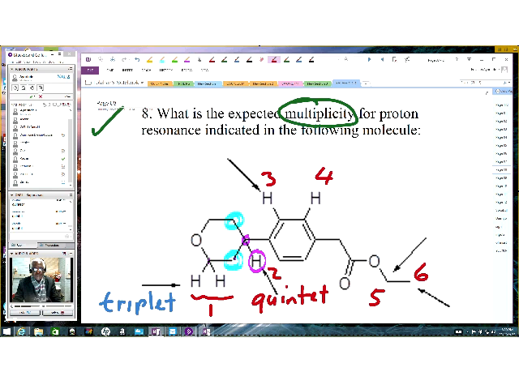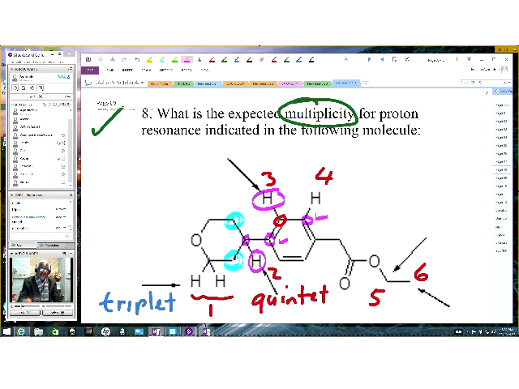Okay. About hydrogen 3. What will be the multiplicity of hydrogen 3? Hydrogen 3 is attached to this carbon right here. How many hydrogens is it seeing? Let us look very carefully. This carbon here is attached to this carbon here. It's also attached to this carbon, right? This carbon here has no hydrogen, but this carbon here has one hydrogen. So how many hydrogens is hydrogen 3 seeing?